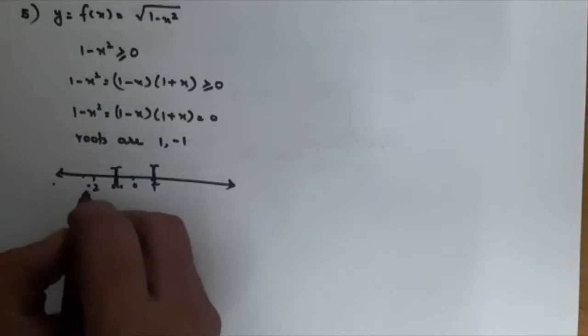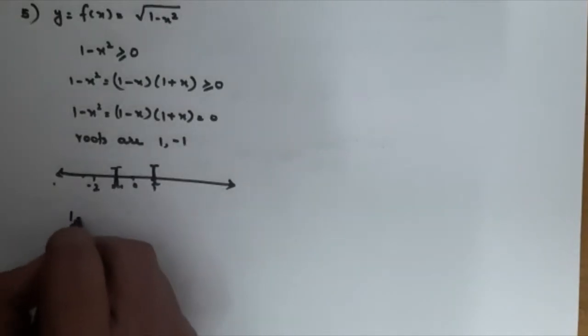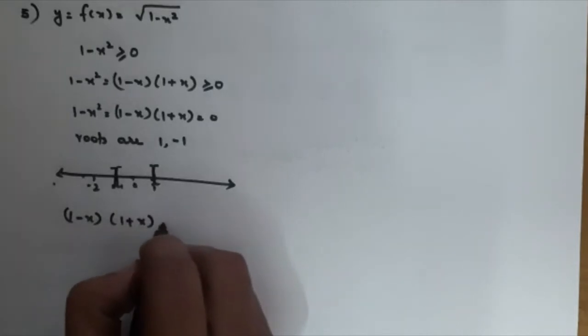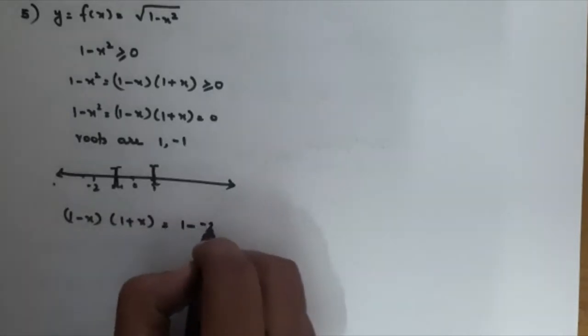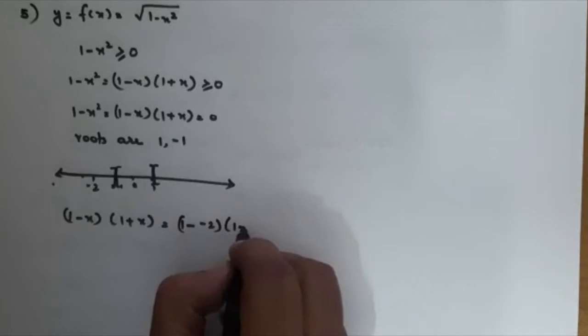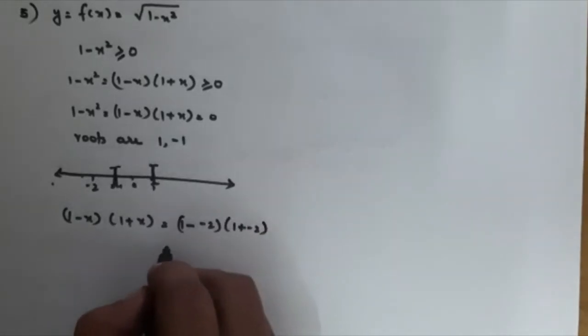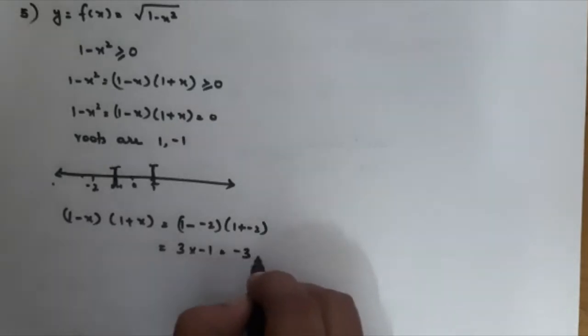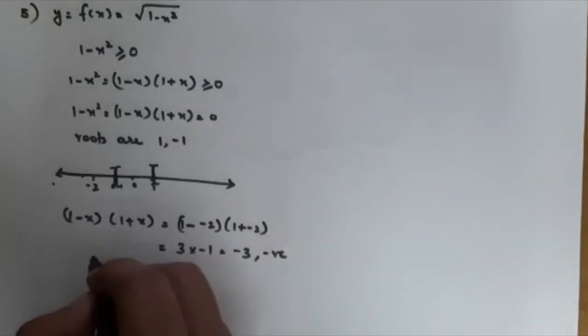Substituting this minus 2 for x in the expression 1 minus x into 1 plus x, what will you get? Equal to 1 minus minus 2 into 1 plus minus 2 equal to, what is this? 1 minus minus 2 is 1 plus 2, 3. 3 into minus 1 equal to minus 3. What about this? This is negative.